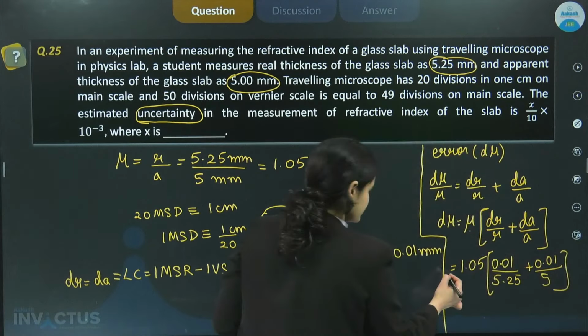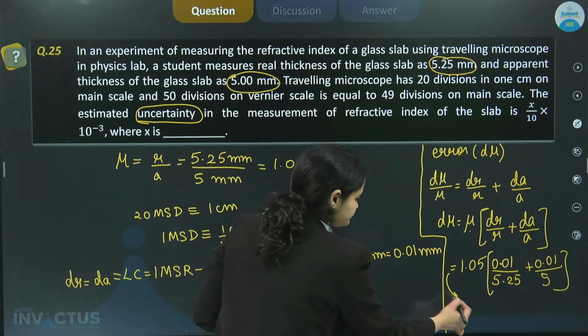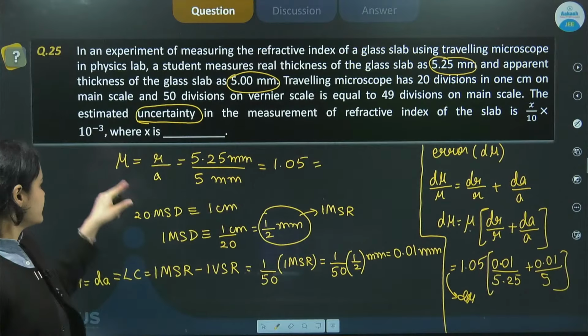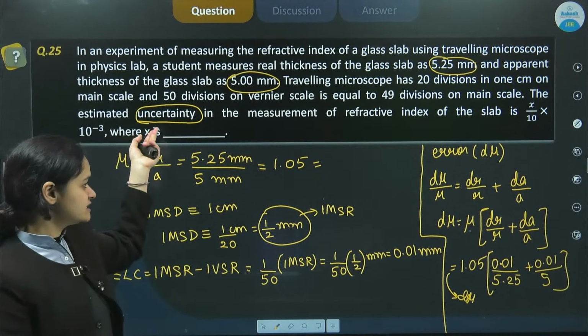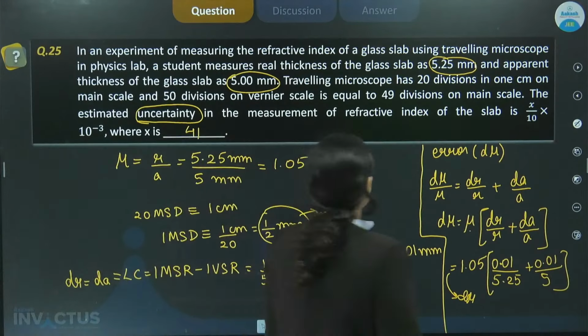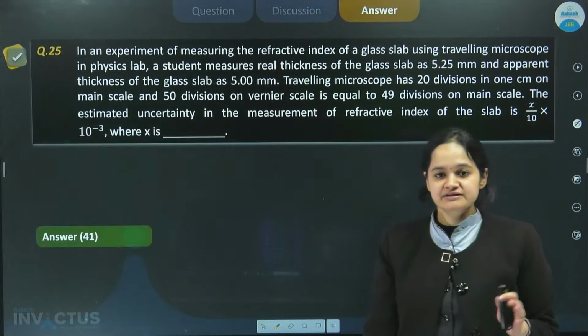This is what we get as d mu. Okay. So when we calculate, this is the value of d mu. When we put the values and equate it to x by 10 times 10 to the power minus 3, we get the value of x as 41. Okay. So let's check the answer. So the answer to this question turns out to be 25.